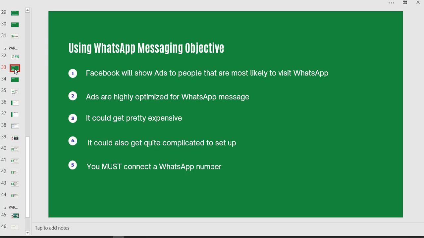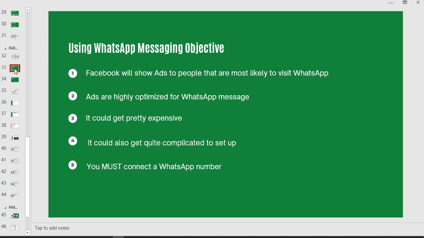Because each of the objectives in Facebook has been optimized to deliver based on what you are choosing, when you choose the WhatsApp messaging objective, the Facebook algorithm will work in such a way as to show ads to those people that are most likely to visit WhatsApp and patronize whatever services or products you are selling.